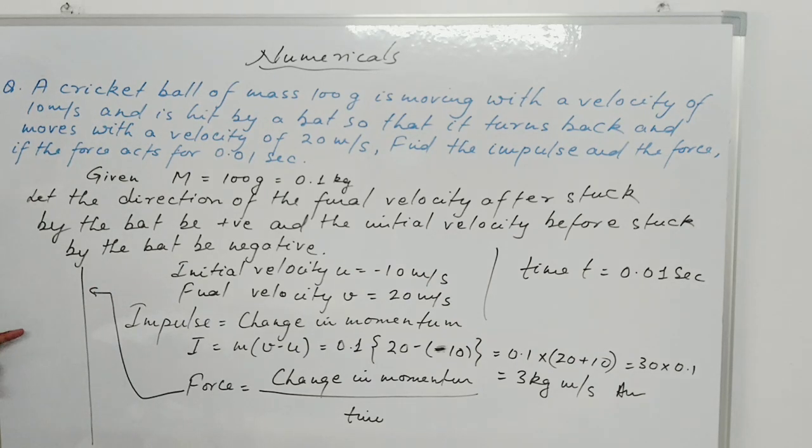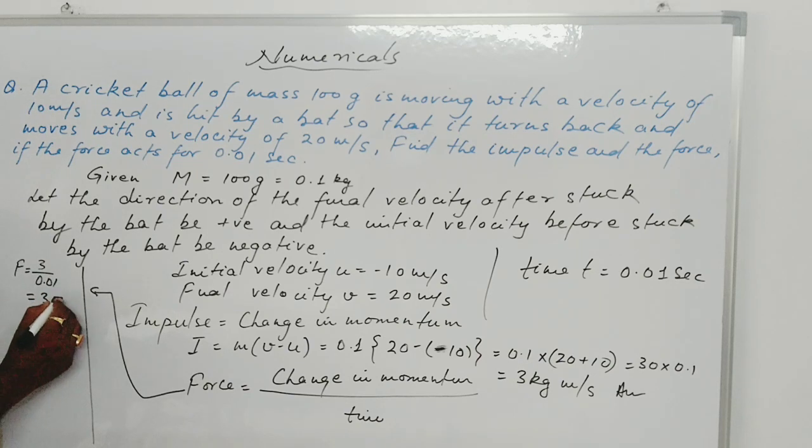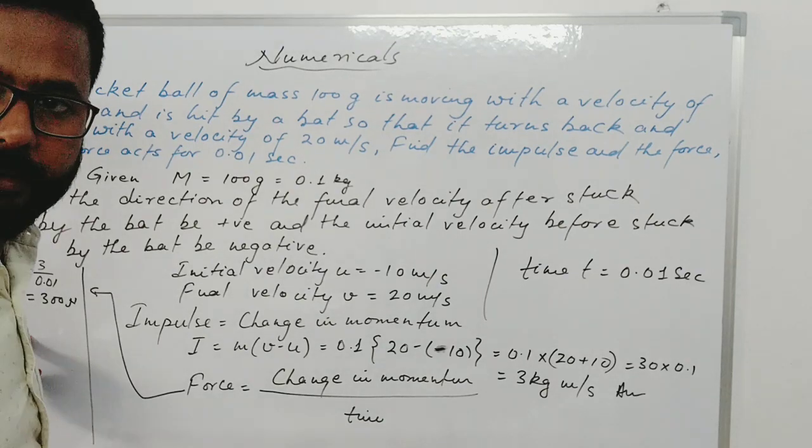F is equal to change in momentum, which we found, that is 3, upon time, that is 0.01, and that is equal to 300 Newton. Got it? Able to see or not?